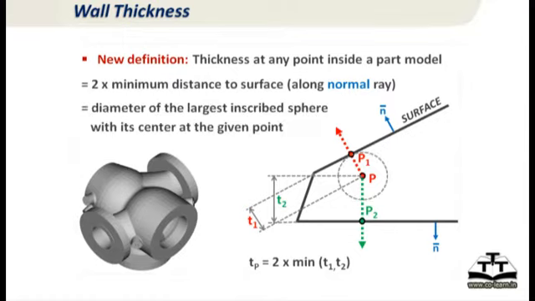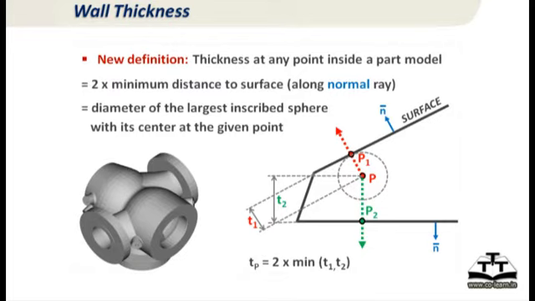If you draw a circle there, you can redefine thickness as nothing but the diameter of the largest circle that I can draw starting from that point, which is not going outside the part, which is lying inside the part only.